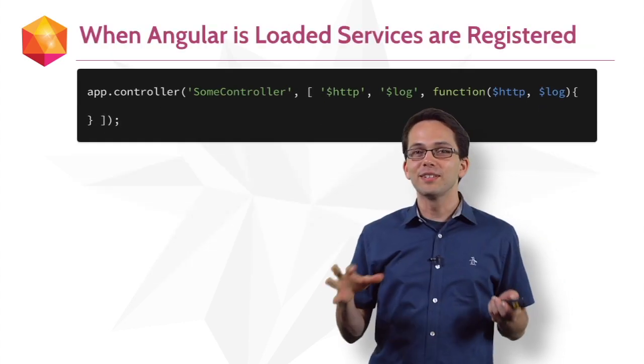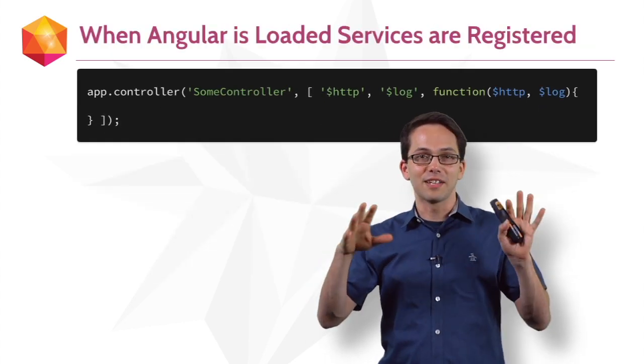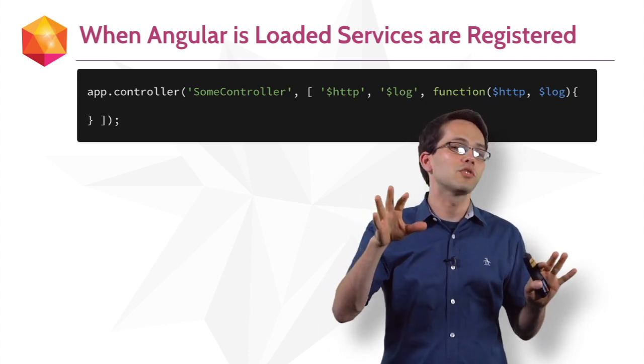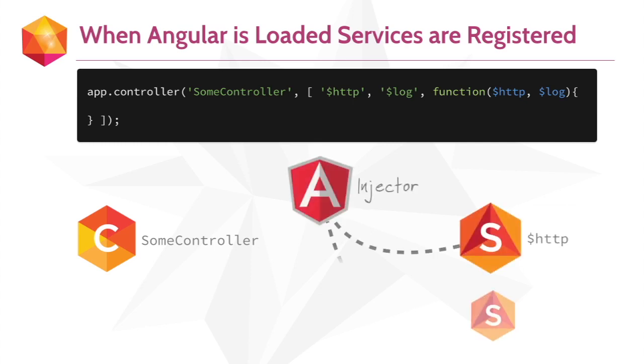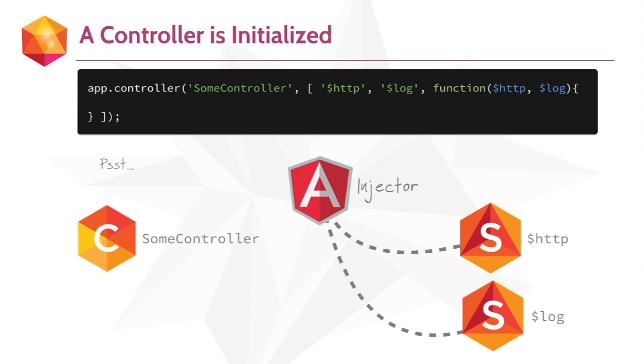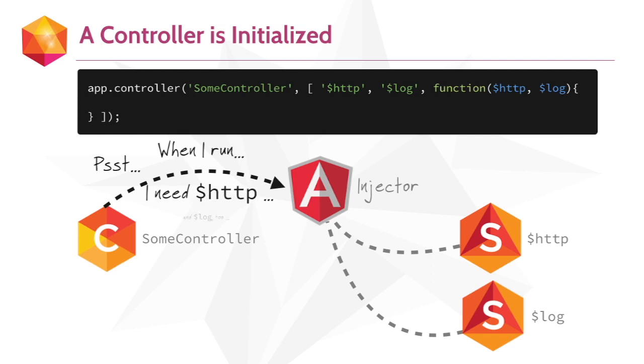I know this looks a little funky. This dependency injection thing is a little weird, so let me see if I can try to explain what's going on here. When Angular loads, it creates something called an injector. When these built-in services load, they register with the injector as being available libraries. Then when our application loads, it registers our controller with the injector, telling it that when it gets executed, it's going to need the $http and $log services.